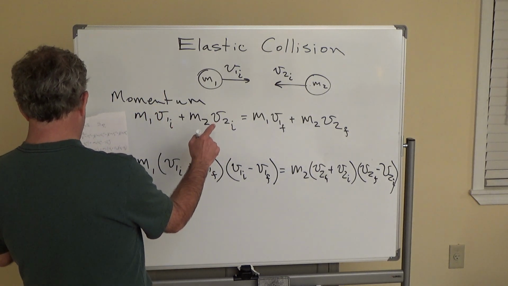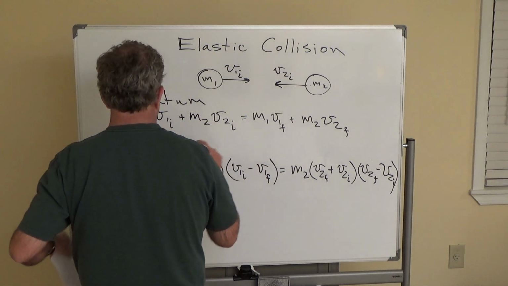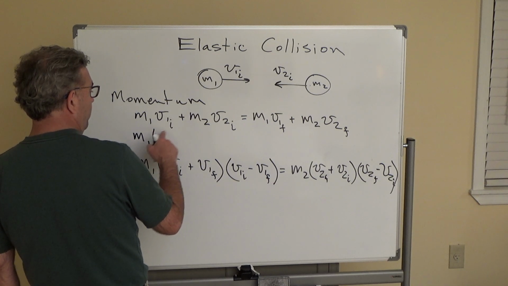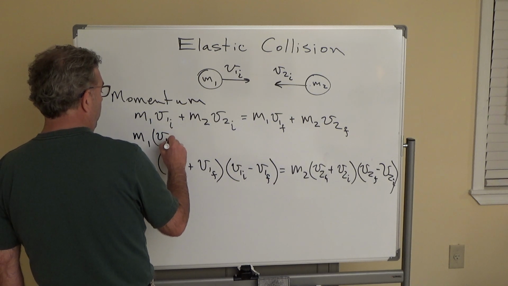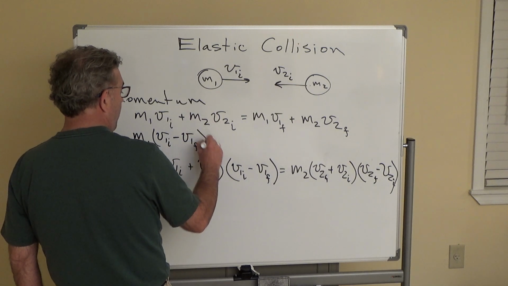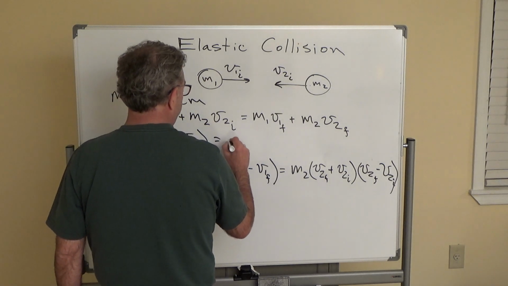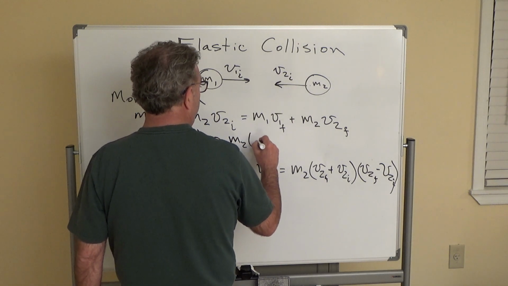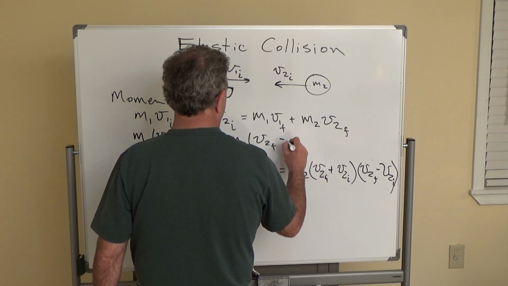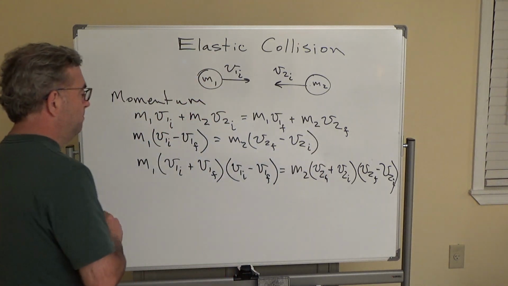So I can collect terms here in terms of V1 initial and V1 final, and I get M1 times V1 initial minus V1 final, that's just moving this over here, equals M2 times V2 final minus V2 initial.